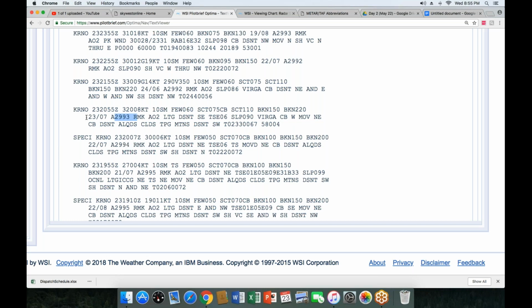We take our pressure altitude to figure out what our density altitude is. The higher the altitude, the higher the density altitude, because the warmer it is, the less performance we get out of our engine. The more fuel we're going to burn, the less performance we're going to get, things like that.